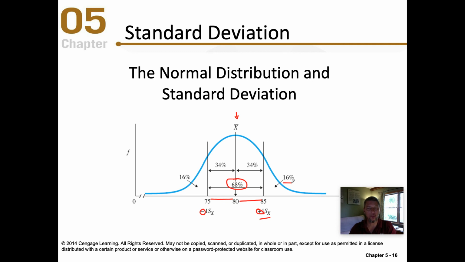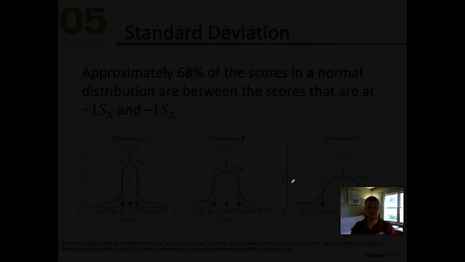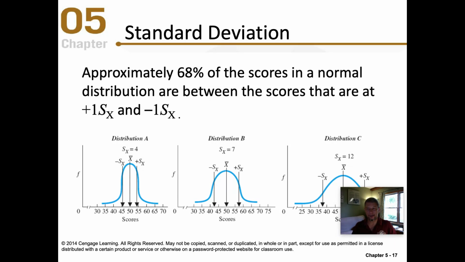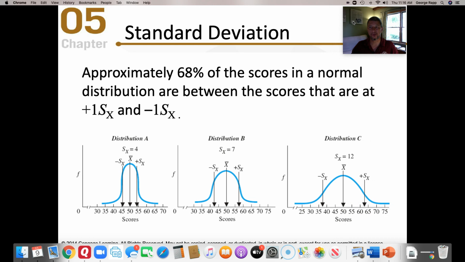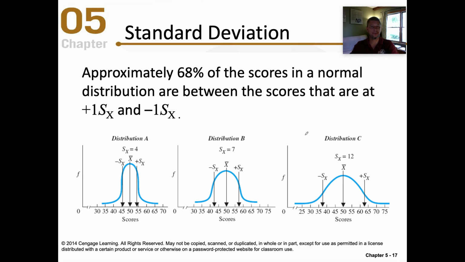But within 1 standard deviation of the mean, you find about 68% of the data, 34% below the mean and 34% above the mean. If we look at a couple of different examples, what does this actually mean? Approximately 68% of the scores in a normal distribution are between the scores that are 1 standard deviation above and below the mean.